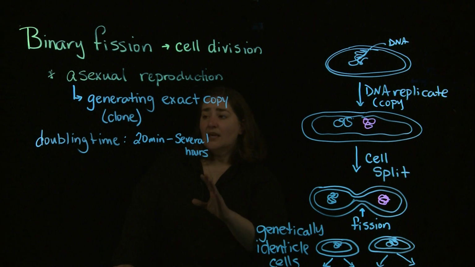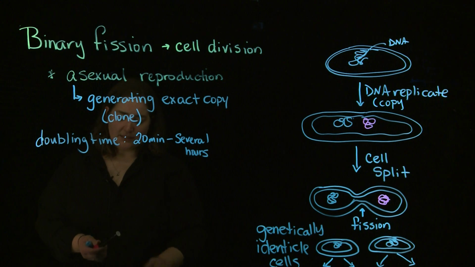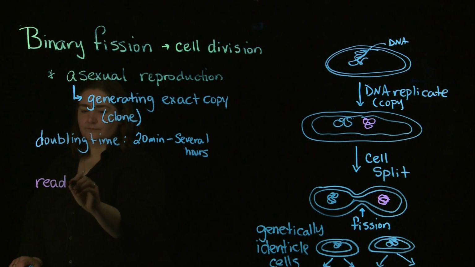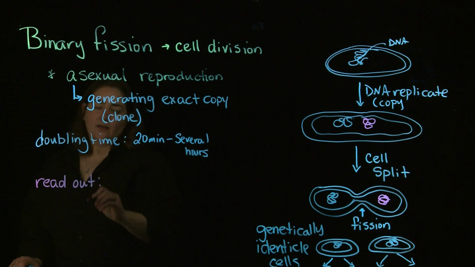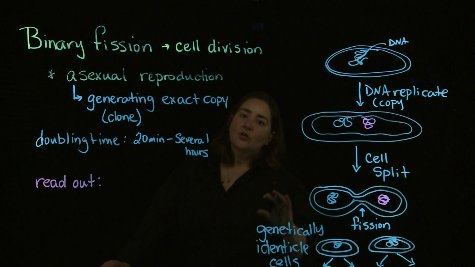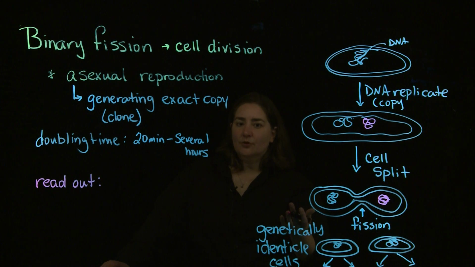In terms of readout for bacteria, at the very end of the PowerPoint slides, I've got some different methods for determining how many bacteria you have in a particular sample. Those are what I want you to know are ways to determine essentially bacterial growth.